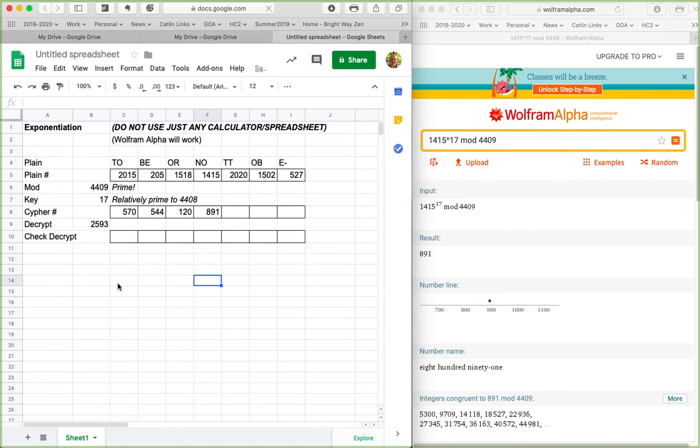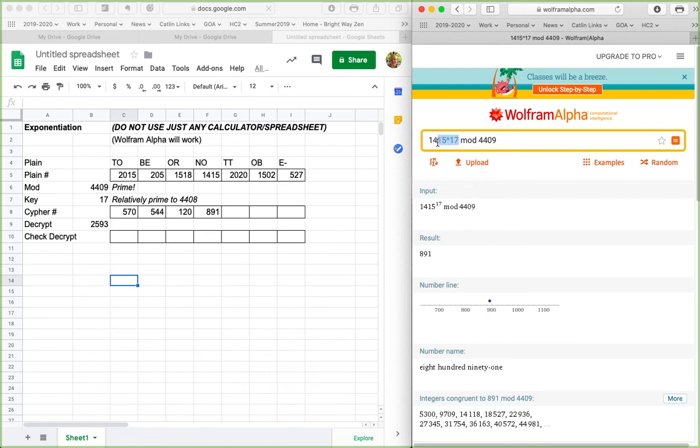So now we have to figure out the decryption key. So how do we get the decryption key? Well, this is where the 4408 comes in, because using little Fermat's, basically what we want to find is the multiplicative inverse for 17 in 4408. Okay, so we could make a table and we could look at all of those values. So what times 17 in 4408 equals 1? We could use Euclidean algorithm to calculate that. Or we can use the fact that what we're trying to find is the inverse.